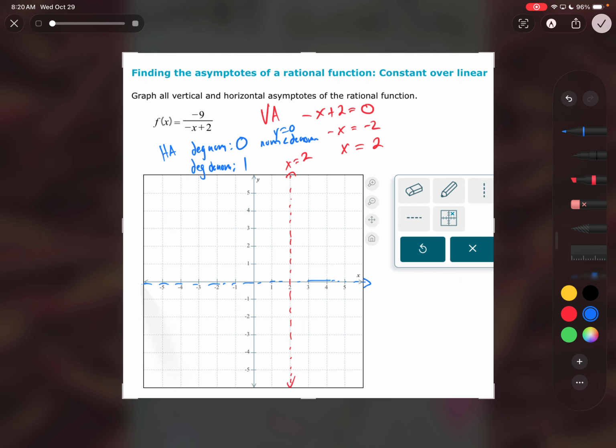So I just graph it at y equals 0. Now again, this tells me what my graph is going to look like. All of these graphs should have some kind of shape like this. They follow your asymptotes. And that's what that one would be right there.